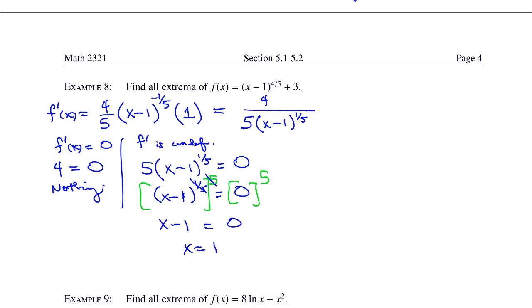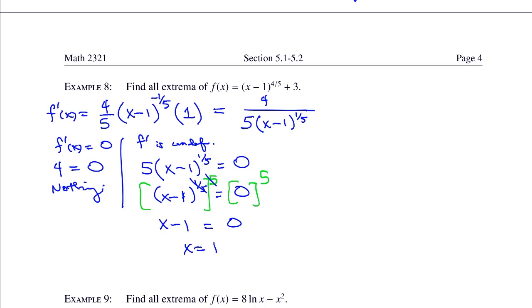Now, this would be a critical value if 1 is in the original domain. So you've got to go back to the original function and see if 1 is in the original domain. Can you plug in a 1 into this function? 1 minus 1 is 0. Can you raise 0 to the 4/5 power? Yes, and you get 0.